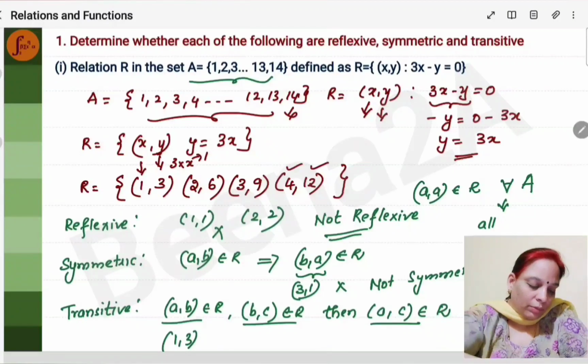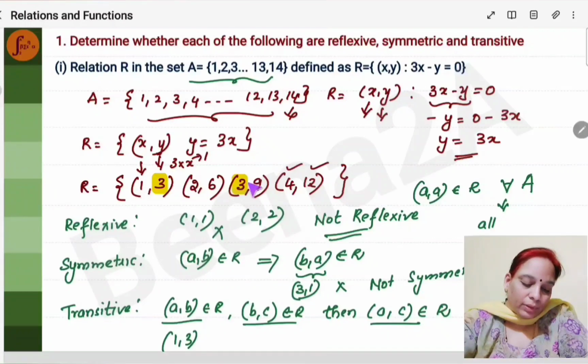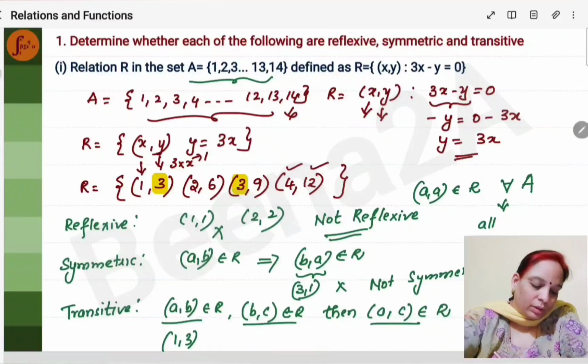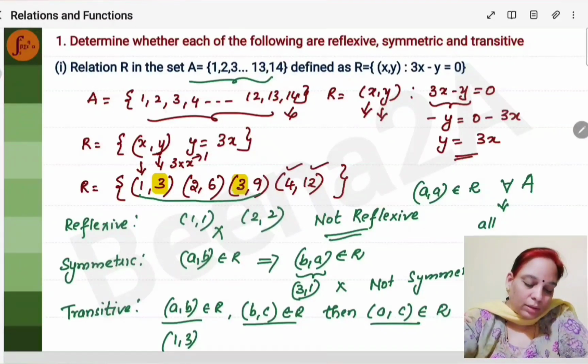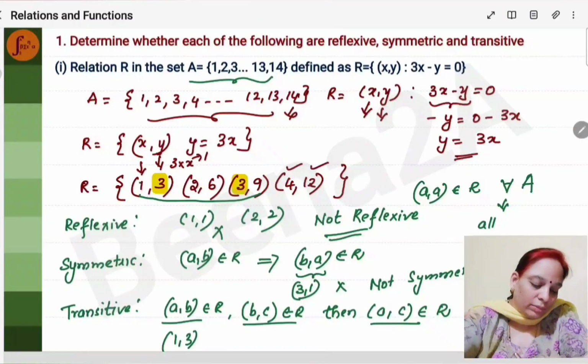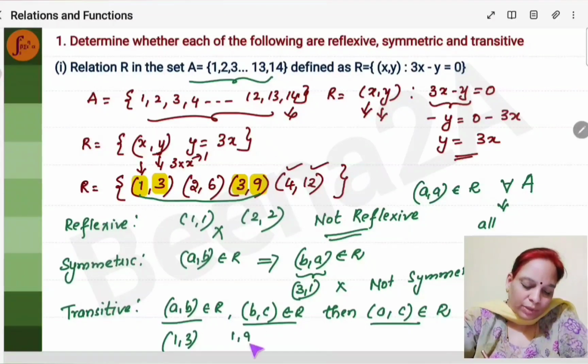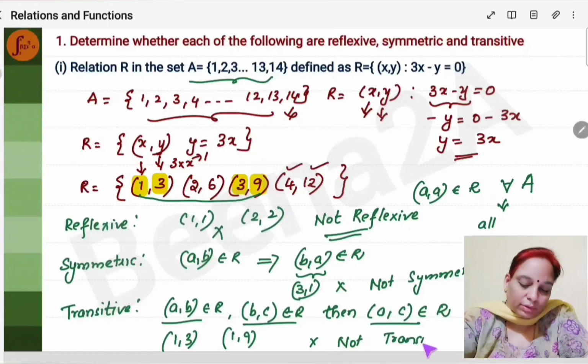You should have a common element: the second element here is 3, and the first element of 3, 9 is the same. So 1, 3 and 3, 9 means you should have 1, 9, the first and fourth element. Is 1, 9 present here? No. Therefore, this is not transitive.